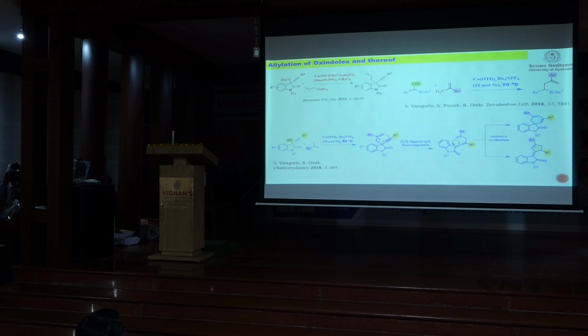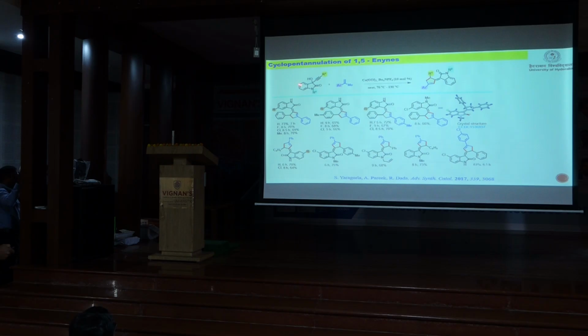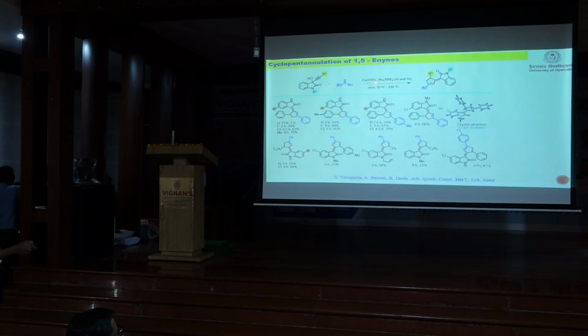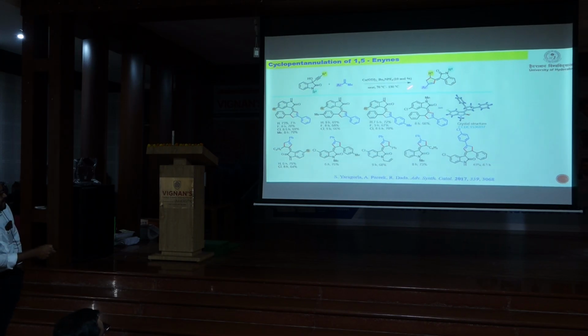With this idea, we optimized our reaction conditions and found that when we take this propargyl alcohol and heat the reaction at 70 degrees, we are getting the 1,5-enynes. Once 1,5-enynes are obtained, we raise the temperature to 130 degrees Celsius because these are thermodynamically favored thermal reactions. Therefore, we could make the cyclopentenes as expected.